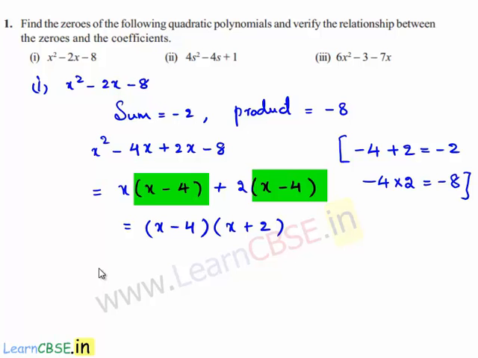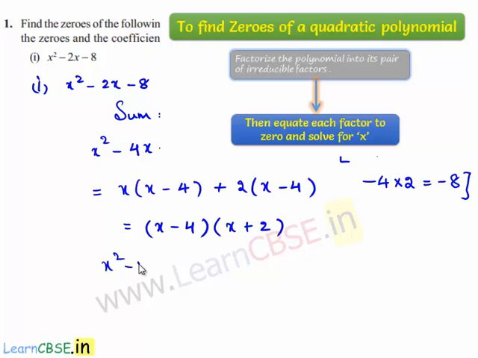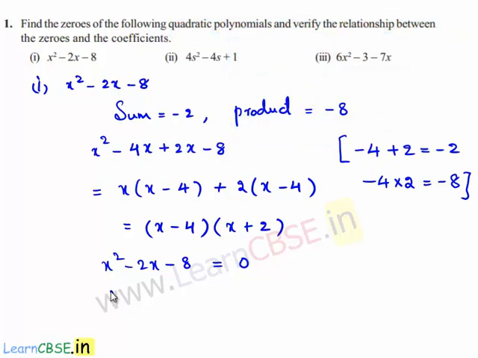So in order to find the zeros of the polynomial, the given polynomial x² - 2x - 8 must be equated to 0. x² - 2x - 8 can be written as (x - 4)(x + 2), which is equal to 0. So we can say that x - 4 is equal to 0 and x + 2 is equal to 0.